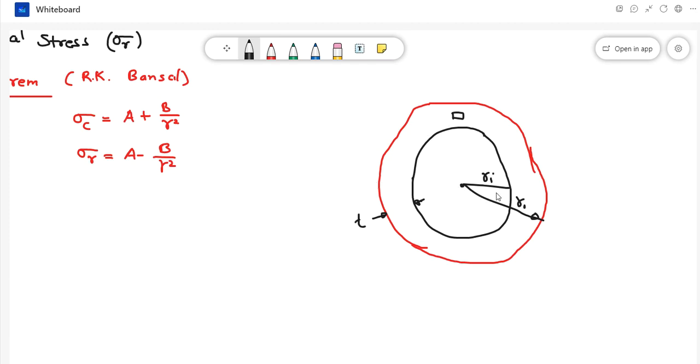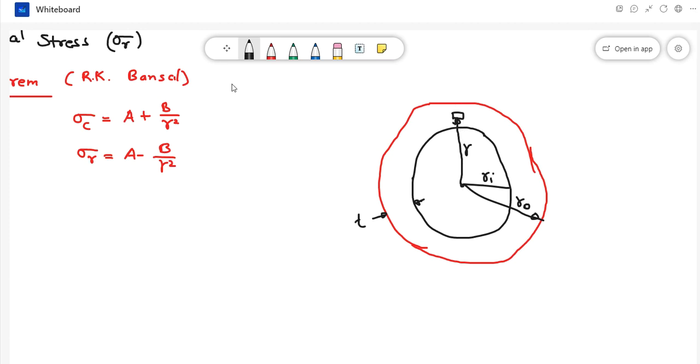So R can be Ri, R can be R outer, or R can be anything in between. So for example I am assuming a small element, and on this element we will see what the stresses are. Let's take this radius as R for this element.